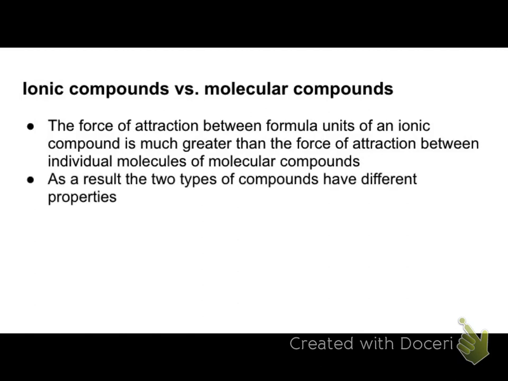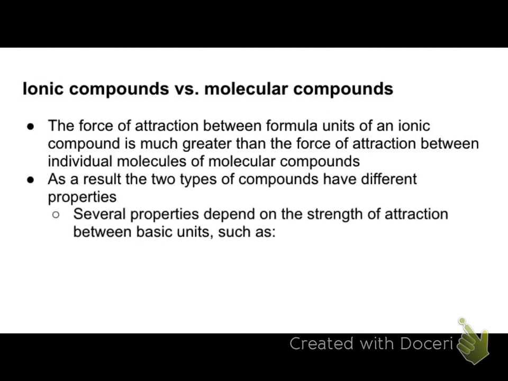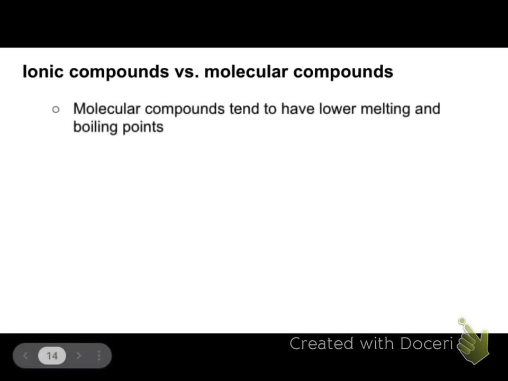As a result, we get different properties, because several properties depend on the strength of attraction at base units, like boiling point, melting point, and hardness. Molecular compounds, which are bonded covalently, tend to have much lower melting and boiling points. Again, the attraction forces between them are much lower, which makes boiling and melting them require less energy.